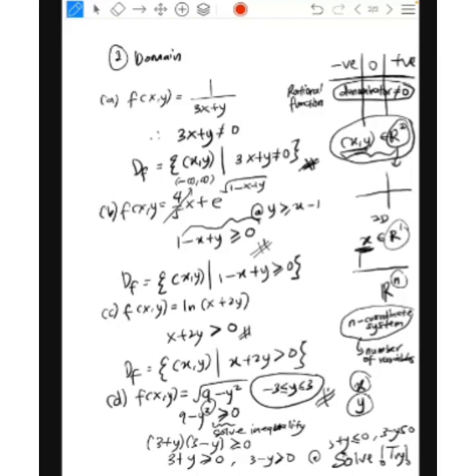Okay, question number 3 also, we looked into it previously in chapter 1. This is sketching the graph.